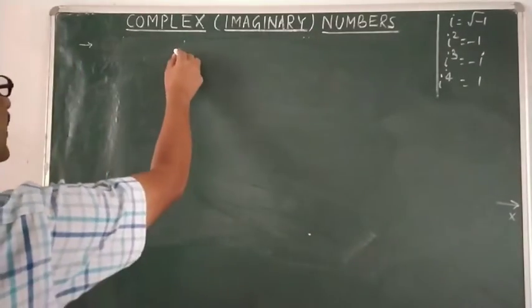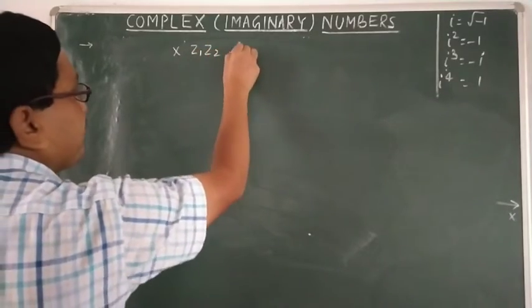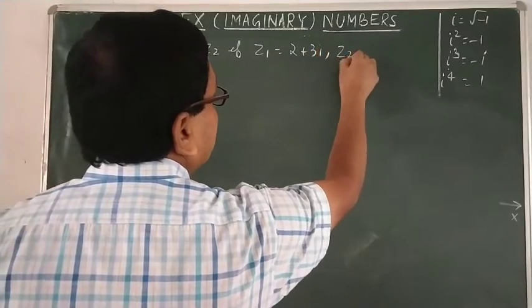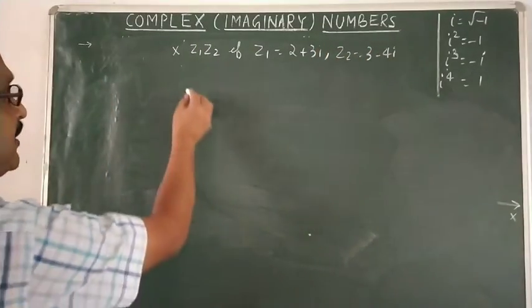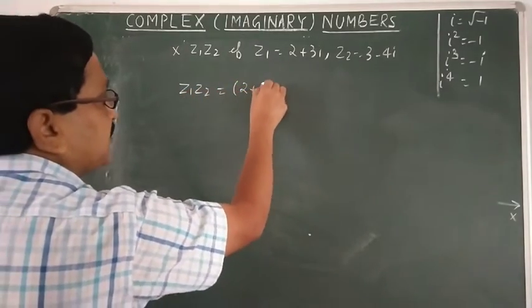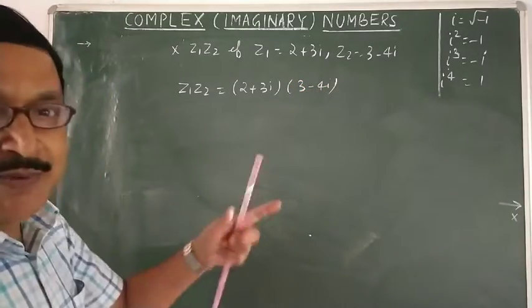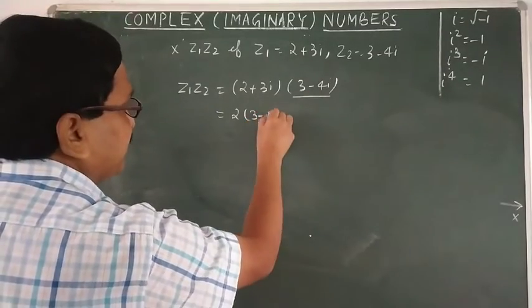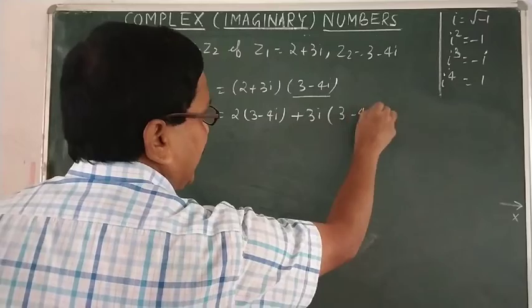Now I am moving towards multiplication. Multiply z1 and z2, if z1 is equal to 2 plus 3i and z2 is equal to 3 minus 4i. Now z1 z2 is equal to (2 plus 3i)(3 minus 4i). Like algebra you can multiply it. 2 multiplied by 3 minus 4i plus 3i multiplied by 3 minus 4i.